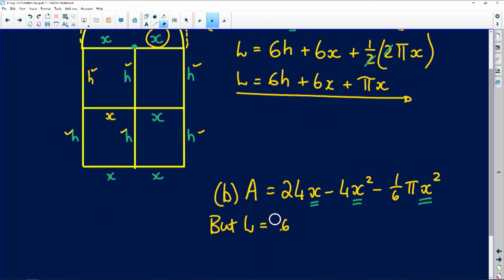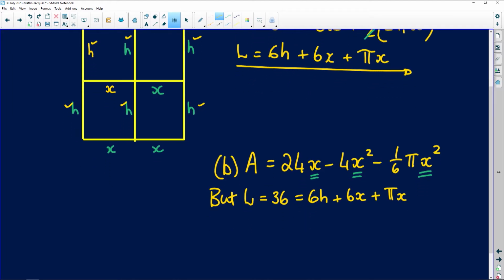L is given as 36. Let's write that down. But what was L? L was 6h plus 6x plus pi x over here. So all I need to do now is work with that side.